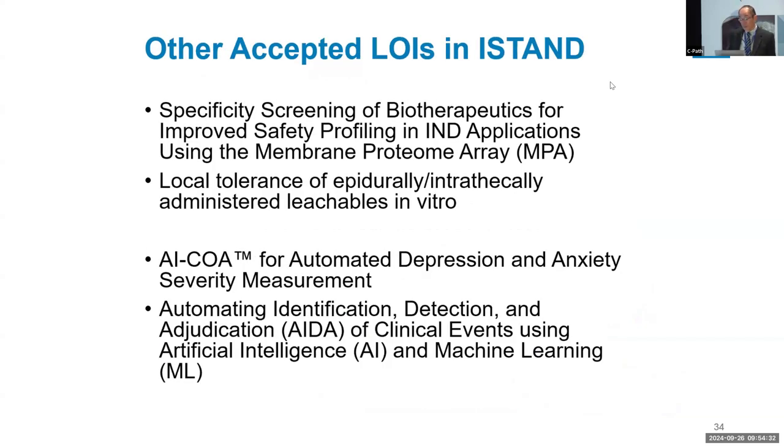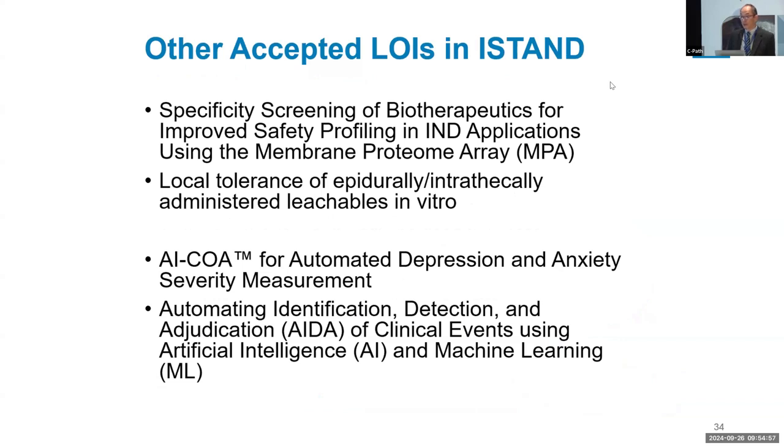We also have 4 other ISTAND acceptances at the LOI stage, and these are listed here, 4 of them. The top 2 might be relevant to CIVM. The first one is a tool to estimate the cross-tissue reactivity for biotherapeutics.